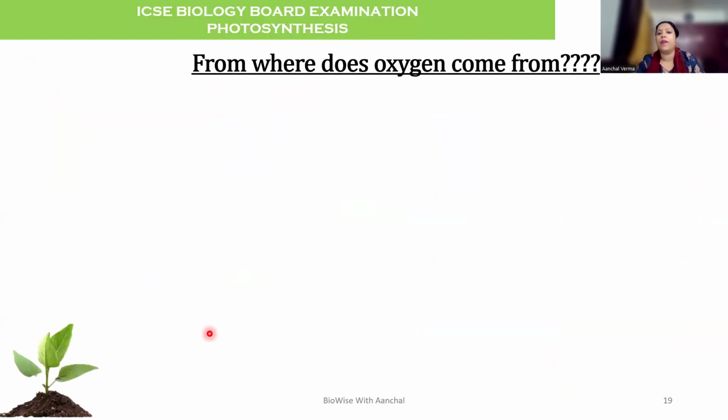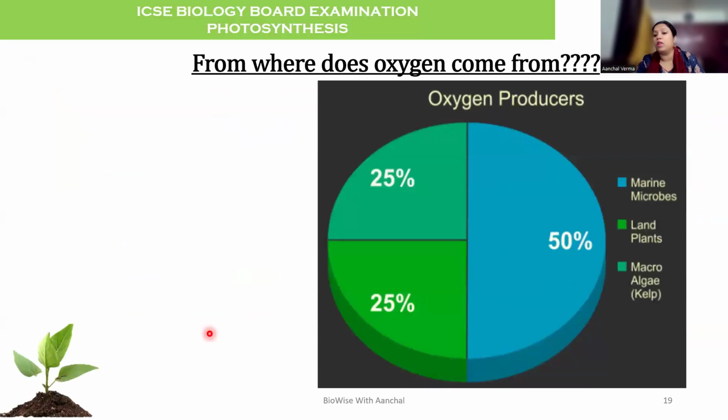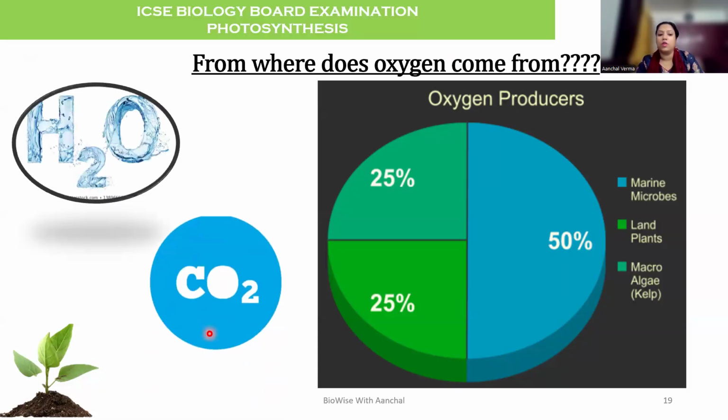Next one, from where does the oxygen come? Now you know that we say plant trees and all. The trees contribute only around 25% of the total oxygen present in the atmosphere. Marine microbes contribute 50%. So our ocean health is very important to maintain a good health of Earth, right? Then there are two molecules which have oxygen, water and carbon dioxide.